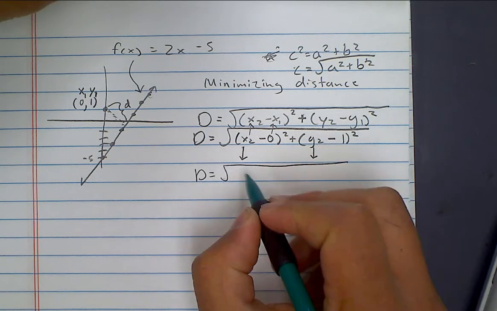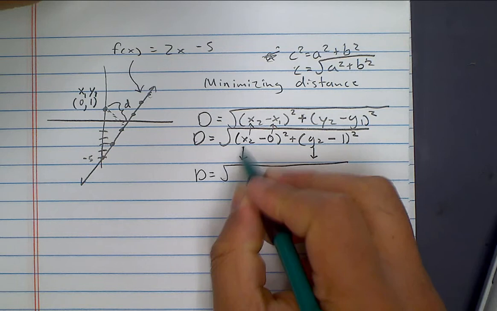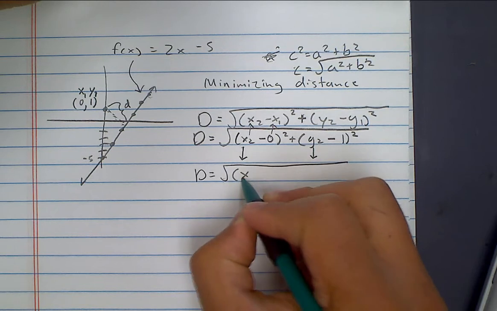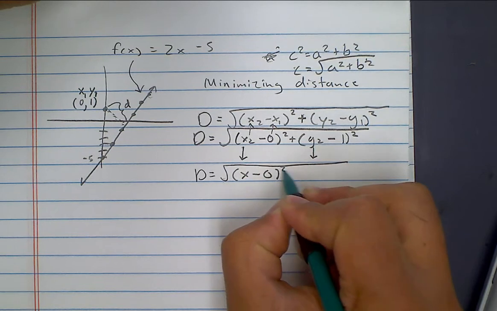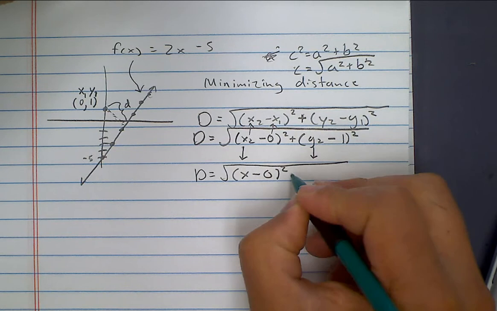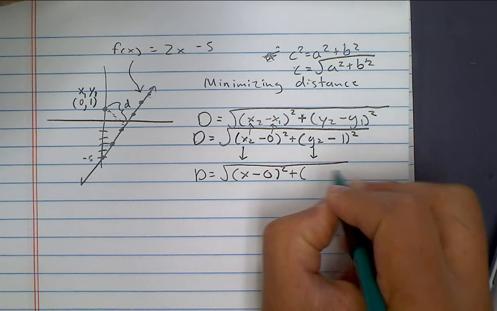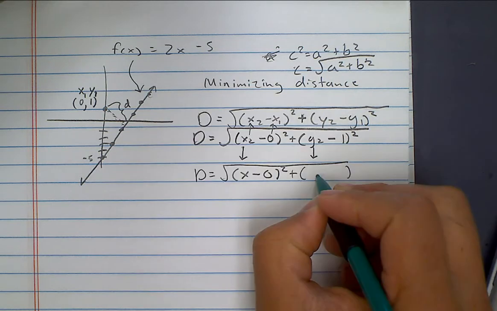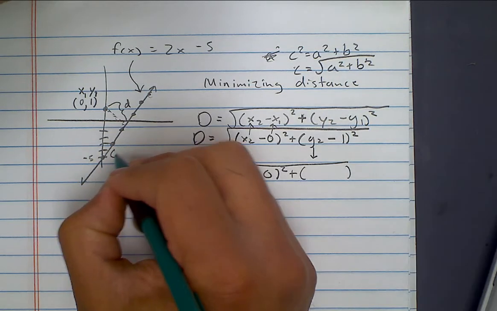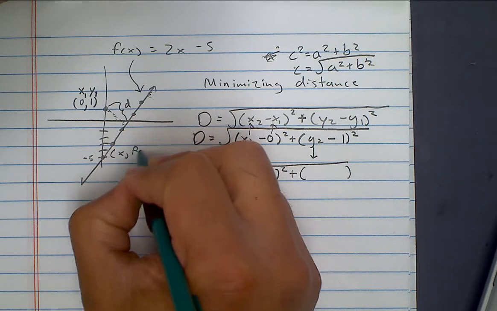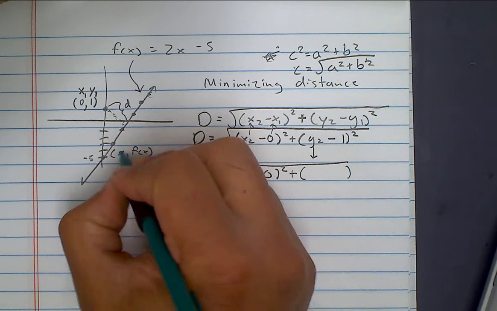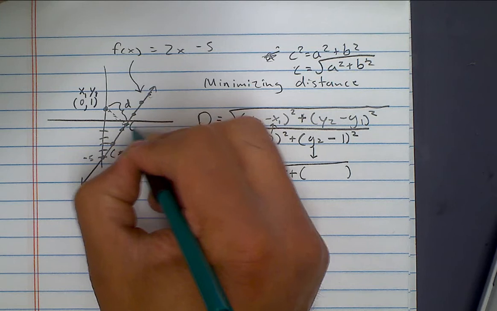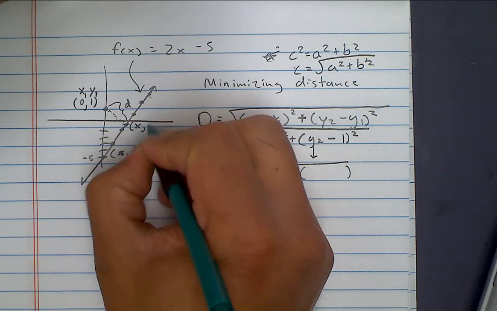I want to keep this in terms of x, so x2 can just be a generalized x. But y2 needs to be every y value on this line. Every point on this line is x comma f of x, even the closest point to the point there.